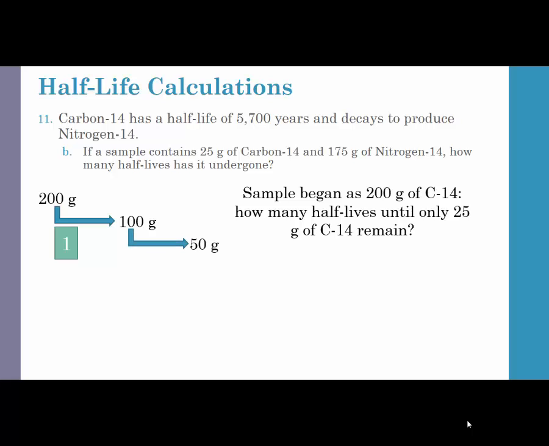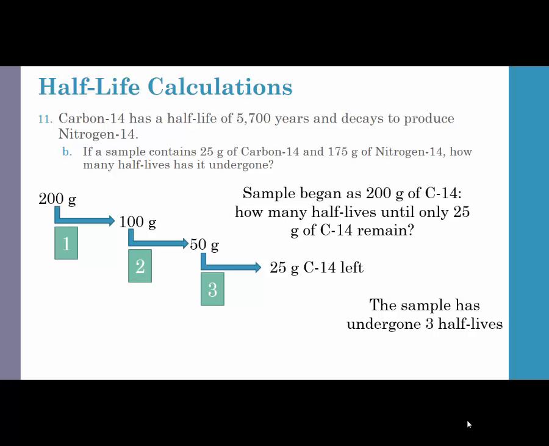So half of 200 is 100, half of 100 is 50, and half of 50 is 25. So that means that it took 3 half-lives. 25 grams of carbon-14 are left, and the other 175 have decayed into stable nitrogen-14. So the sample has undergone 3 half-lives.